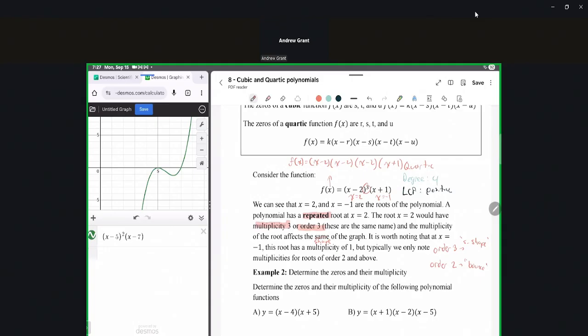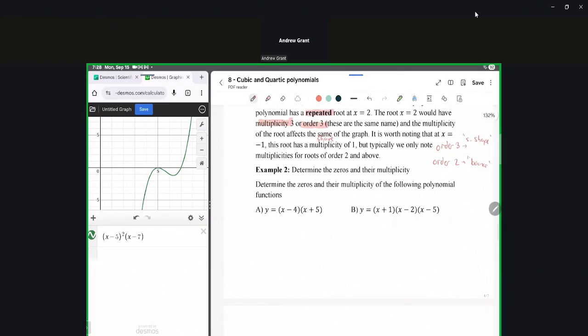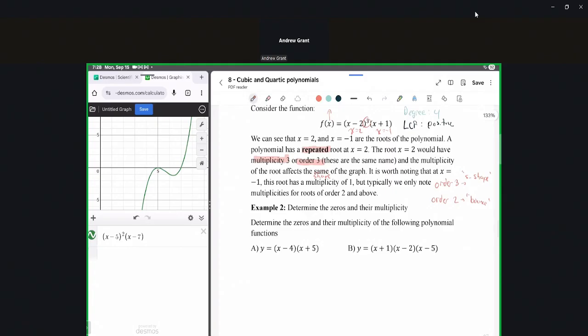Example 2, we're going to determine the zeros and their multiplicity. Again, for our purposes, we're going to just note multiplicities of order 2 and above. So here we have y equals x minus 4 and x plus 5. So we have x minus 4 is equal to 0, so x equals 4.